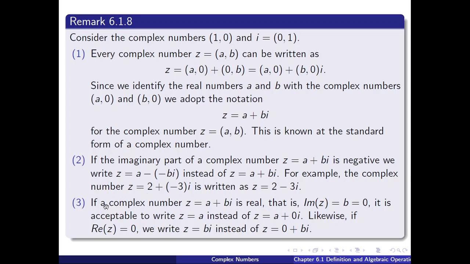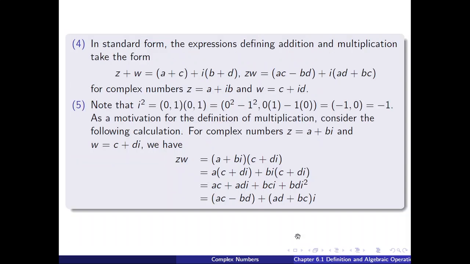And if a complex number z, which is equal to a plus bi, is real, that is, its imaginary part, which is equal to b, is 0, it is acceptable to write z equal to a instead of z equal to a plus 0i. Likewise, if the real part is 0, we can write z as just equal to bi instead of writing it as z equal to 0 plus bi.